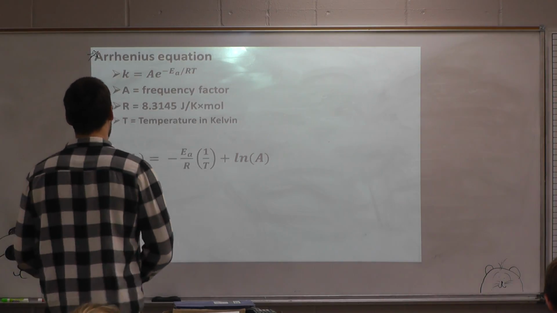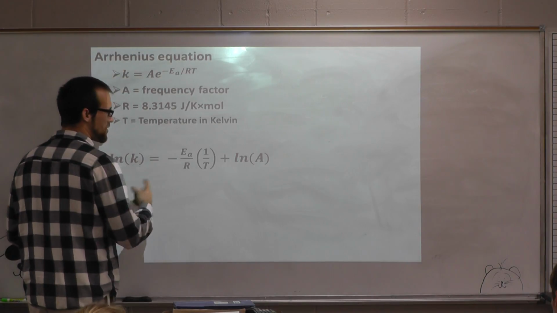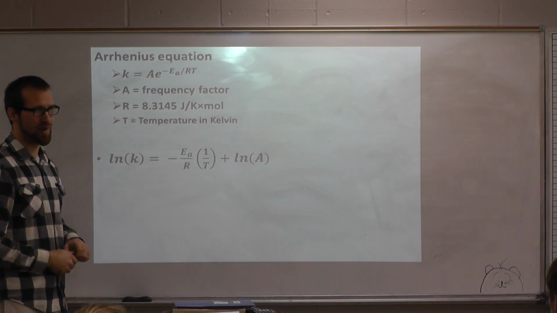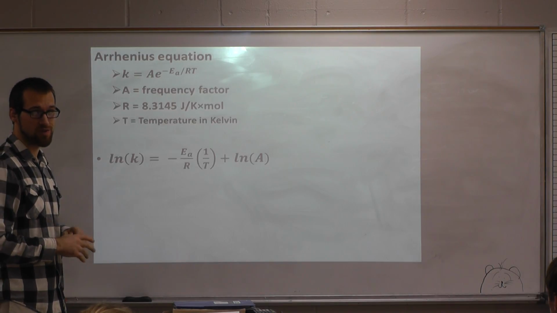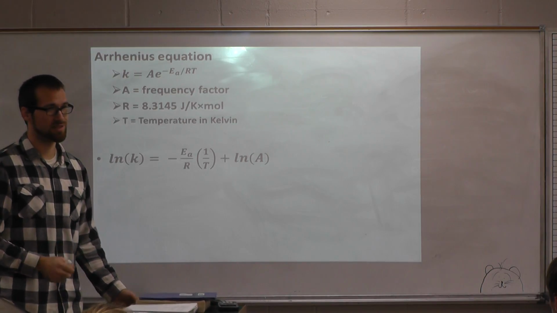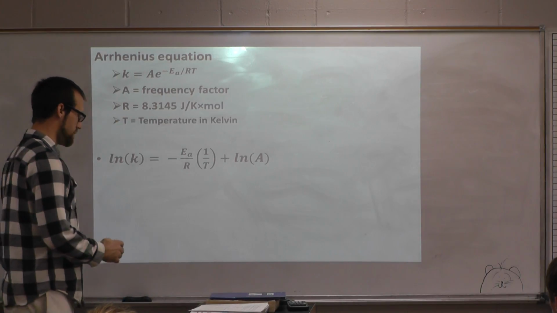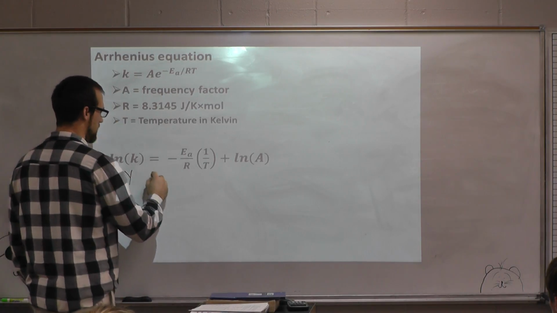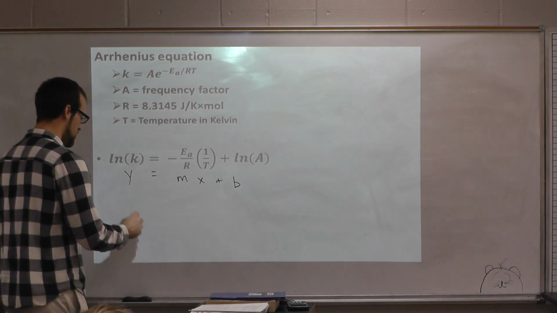So, here's Arrhenius' equation. Notice this equation has a very similar format as our previous three zero order, first order, second order equations. Why do I say that? It's the same format. What do I mean by that? It has two versions. Y equals mx plus b. So what is your y?